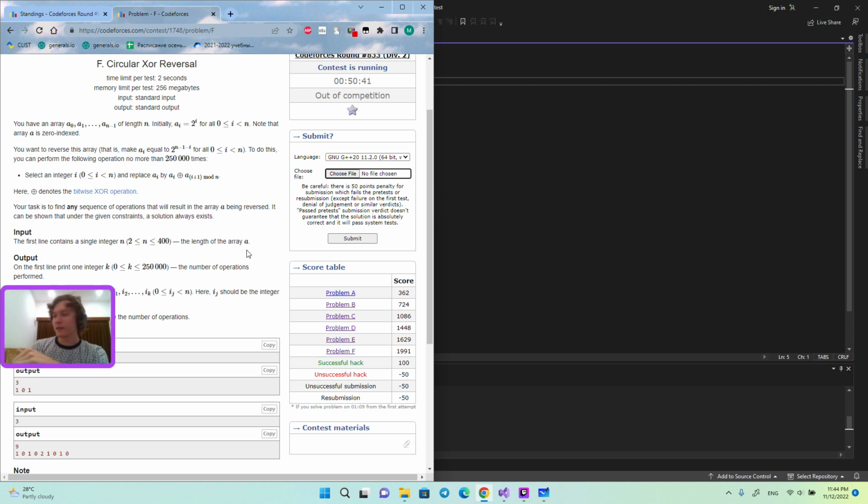We have an array of length n. Initially AI is 2 to the I. A is 0 indexed. You want to reverse this array. You need to reverse this array. And we can replace a number with XOR of this number and the next number.